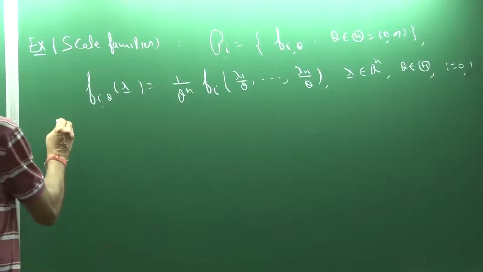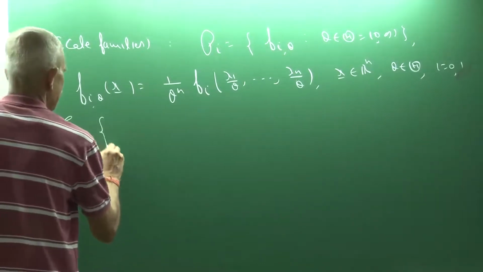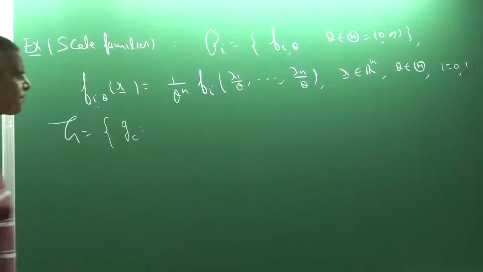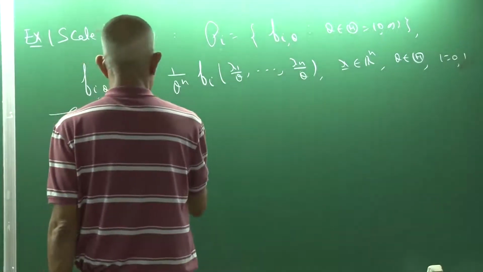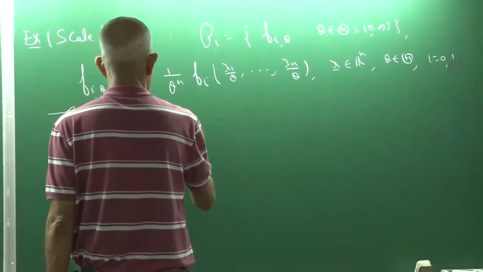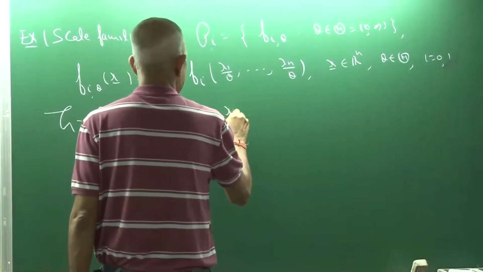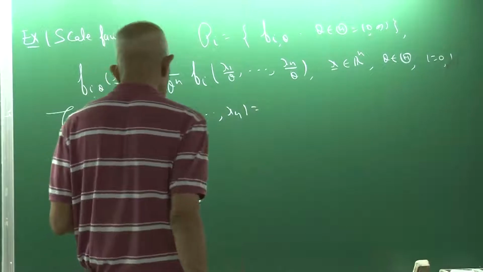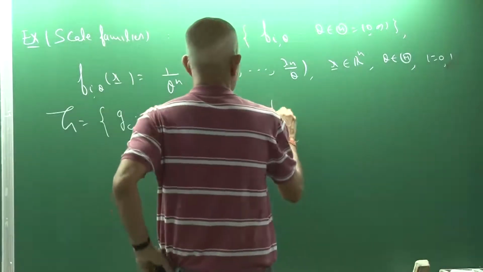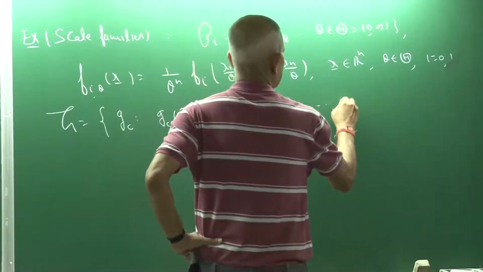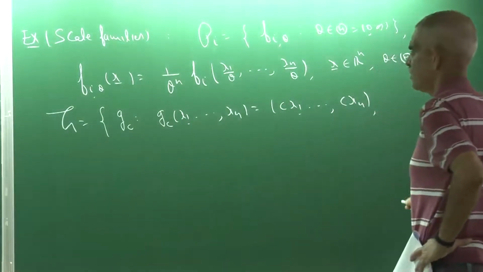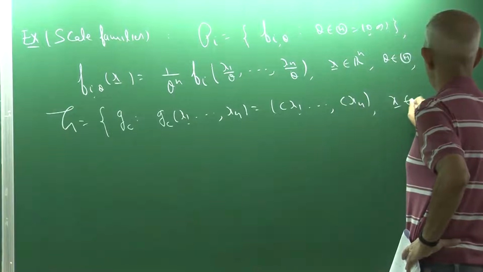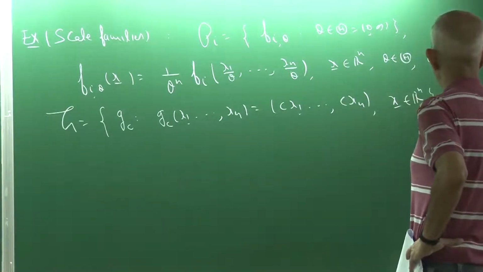So G I consider as the collection of all those gC such that gC of x1, x2, ..., xn is the same as C x1, C x2, ..., C xn for every x belonging to Rn, and C is positive.